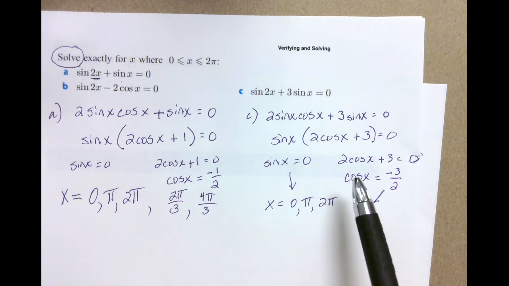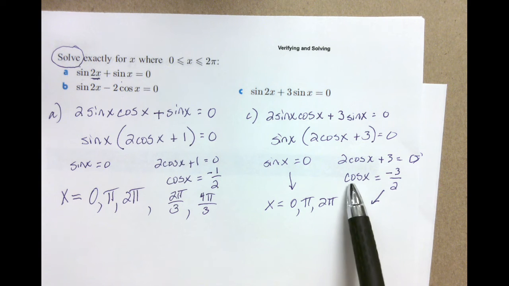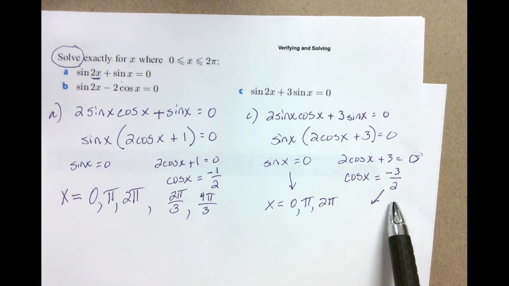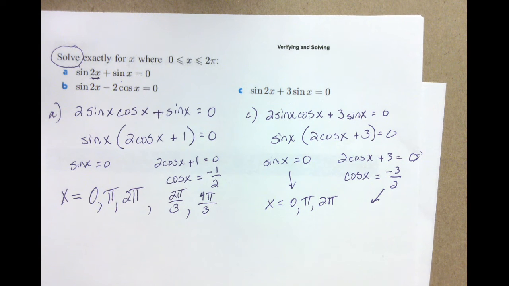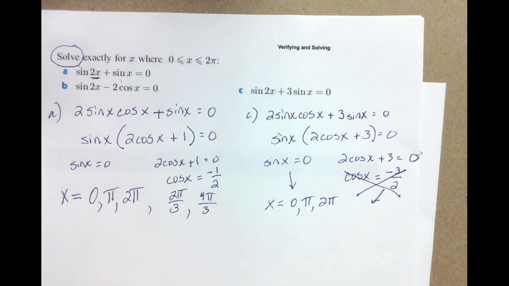Okay. Where does the cosine equal negative 3/2? No. Because I'm after where the cosine of this single angle equals negative 3/2. Nowhere. It doesn't. What did I say earlier?